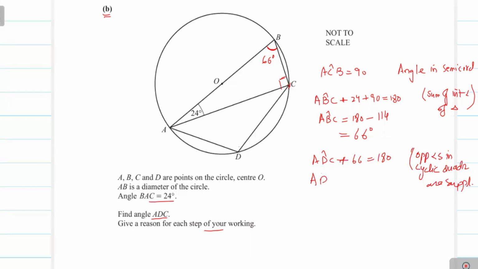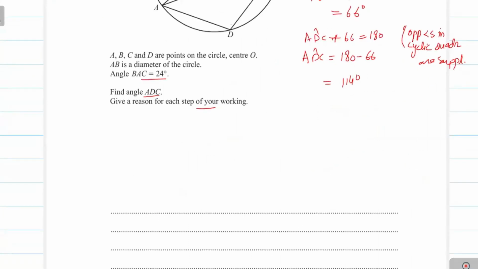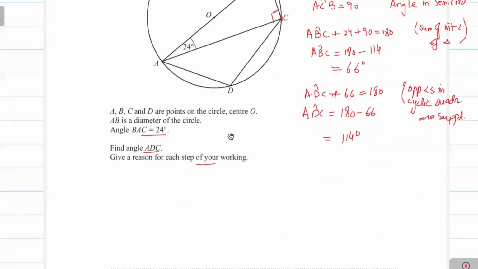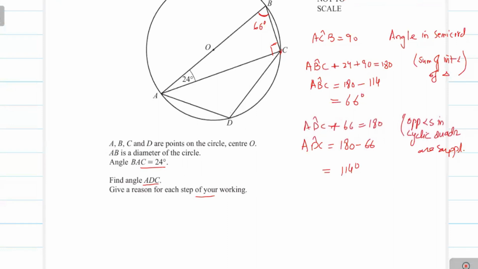Therefore, ADC will be equal to 180 minus 66, and this will be equal to 114 degrees. This is the working of this angle ADC.